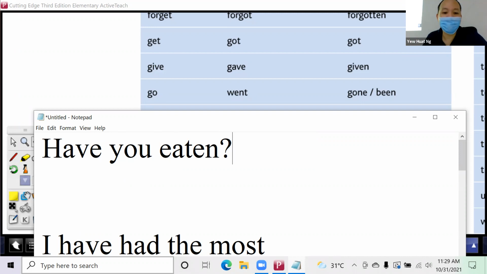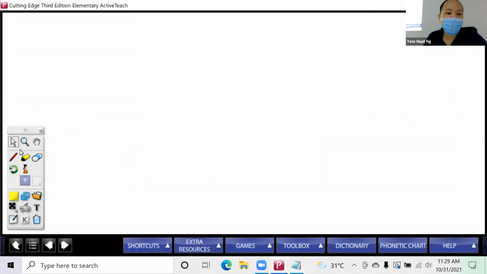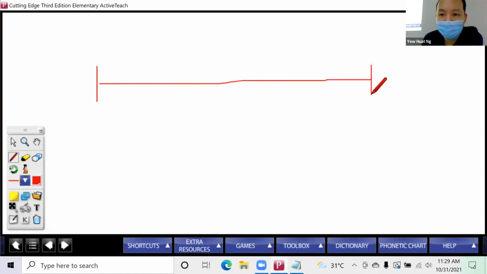Let me explain again. Okay, let me draw this out clearly. We have two ways to use 已经. Number one, okay, this is past. This is now.